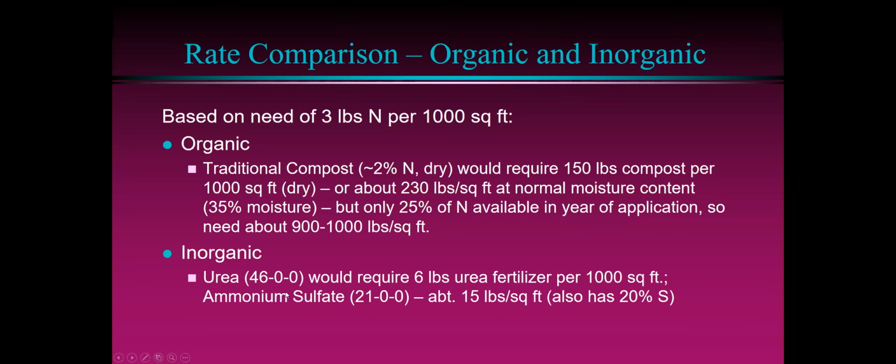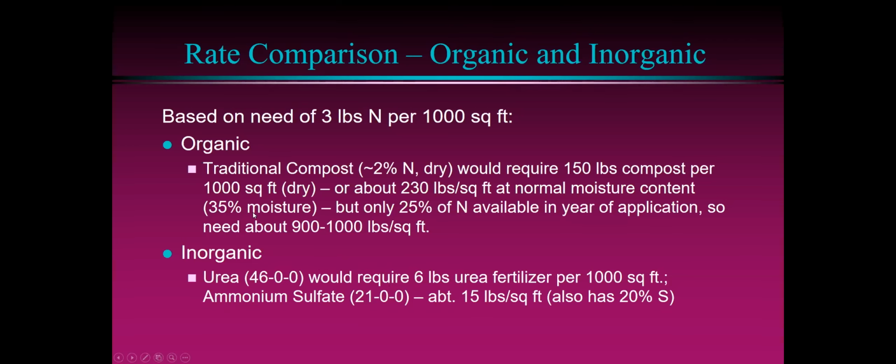So in the inorganic material example, if we were using urea at 46% nitrogen, that would only require about 6 pounds of urea spread out over 1,000 square feet. So we can deliver the nutrient in a very targeted, very immediately available form very quickly with very little material from an inorganic fertility source compared to an organic matter source.